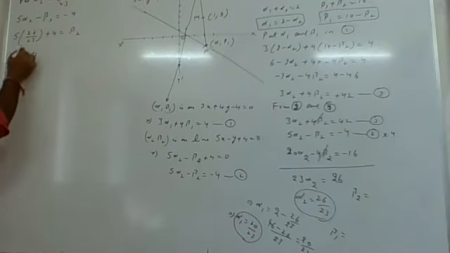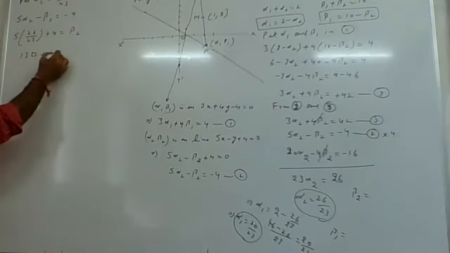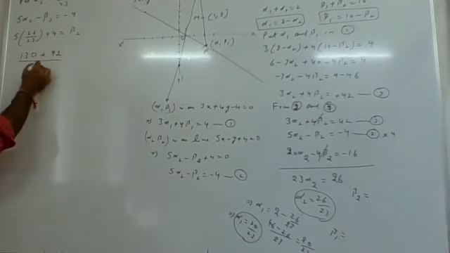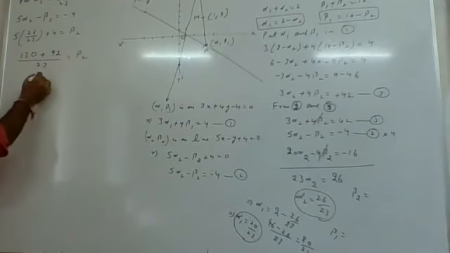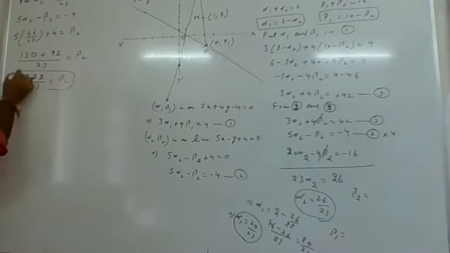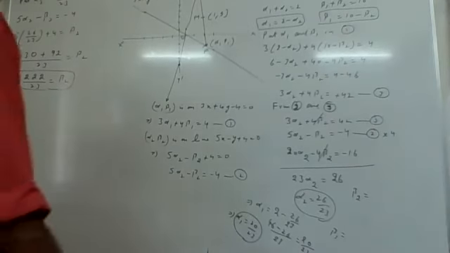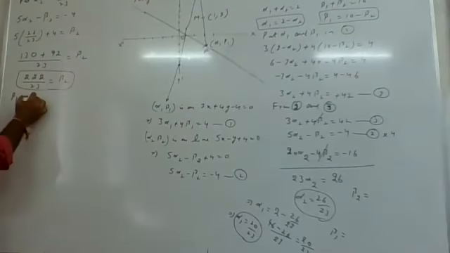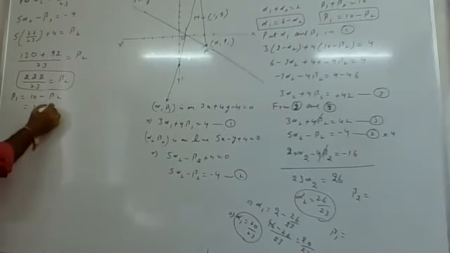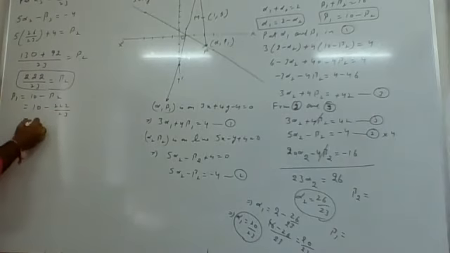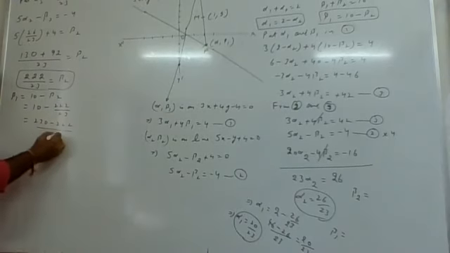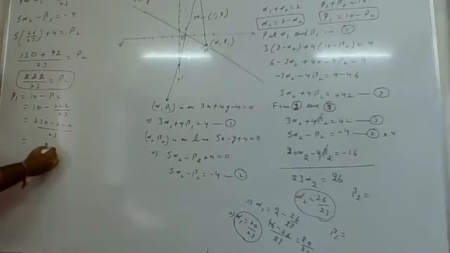So beta 2 is this. I want to get beta 1, so I will use the equation in the box. Beta 1 is equal to 10 minus beta 2. So this is 8 upon 23.